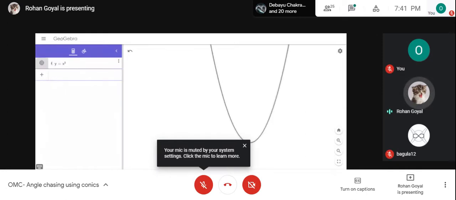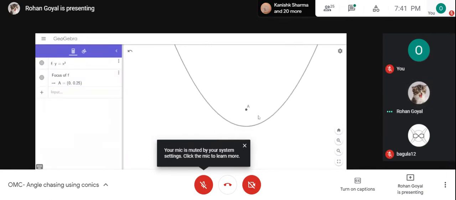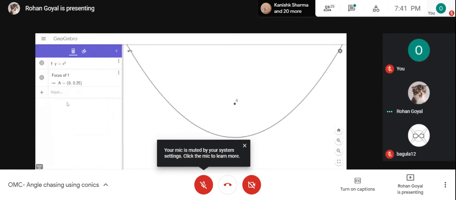So a parabola is this structure where you have a focus again, a point called the focus, and a random line called a directrix.